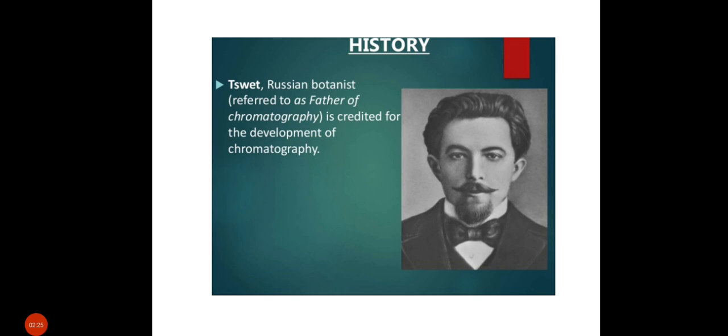Chromatography, literally color writing, was first employed by the Russian scientist Mikhail Tswett in 1900. He continued to work with chromatography in the first decade of the 20th century, primarily for the separation of plant pigments such as chlorophyll, carotenes and xanthophylls.